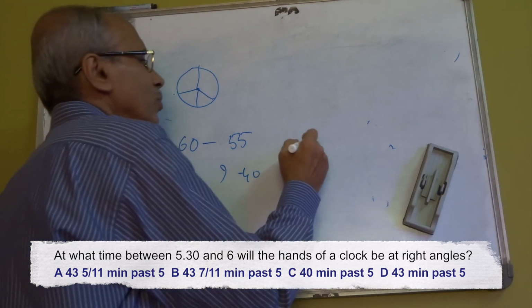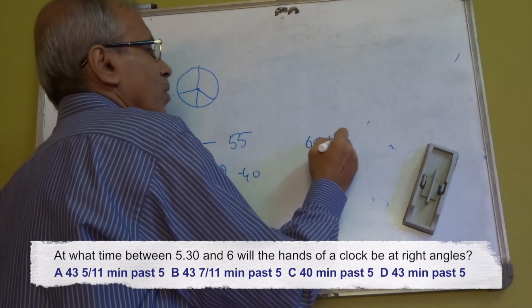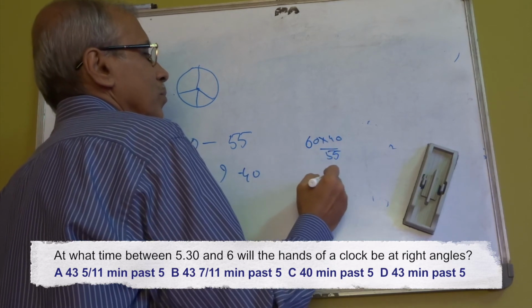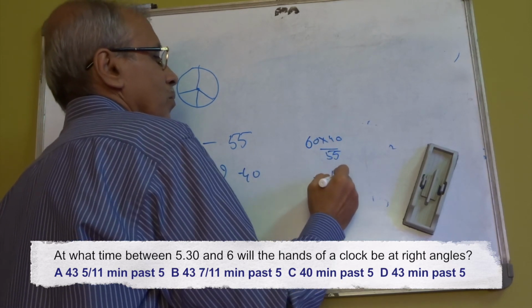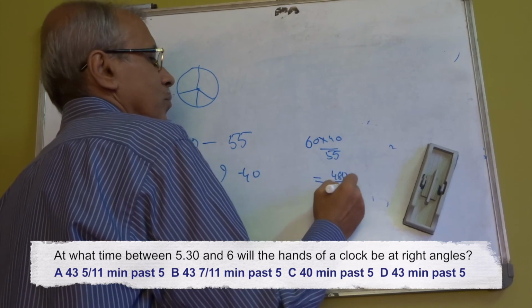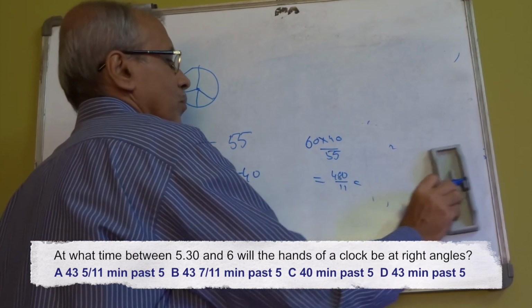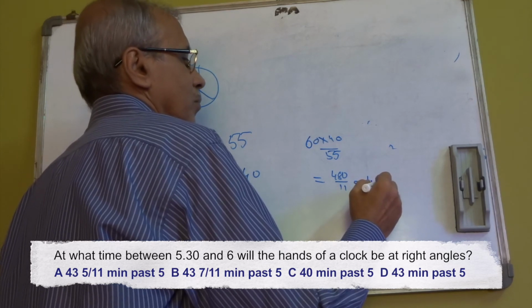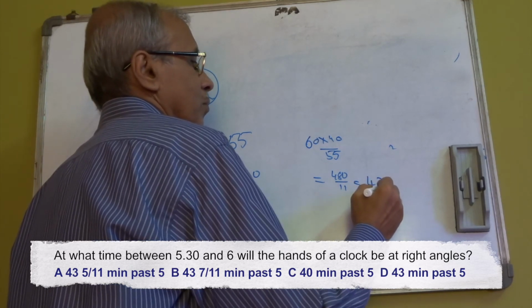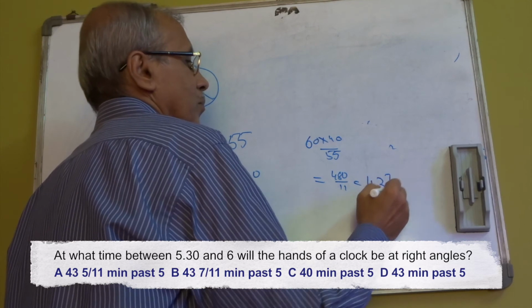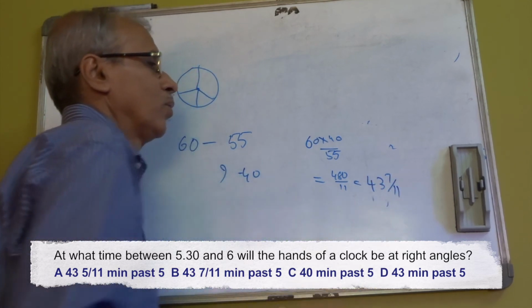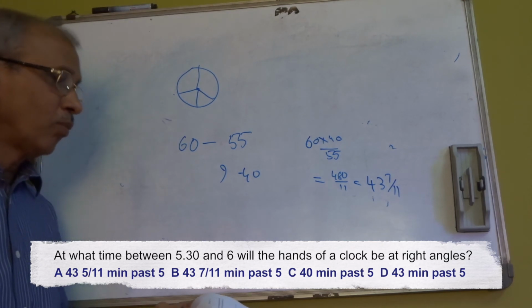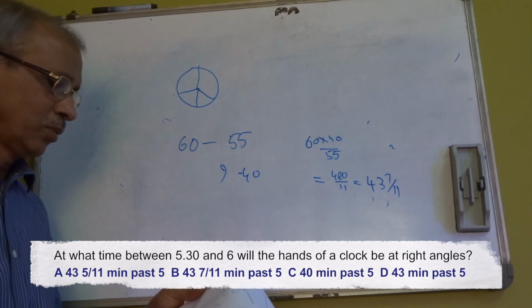So 60 into 40 divided by 55. So it is 5 past 43 minutes 7 by 11.